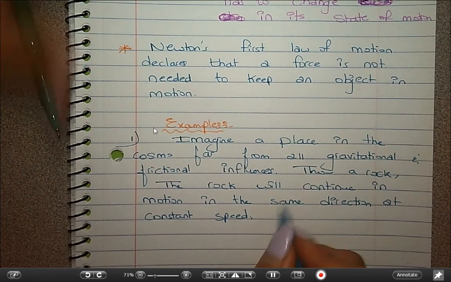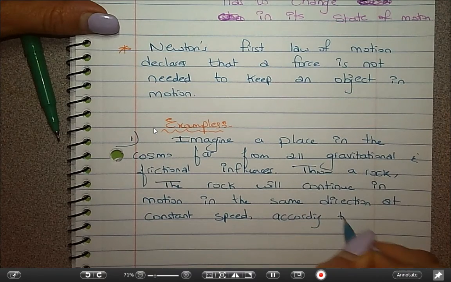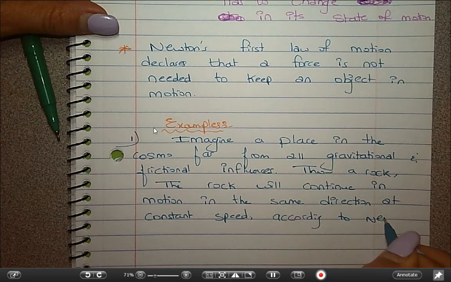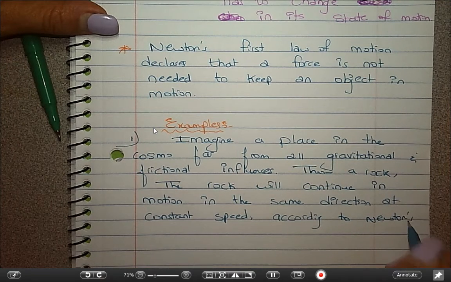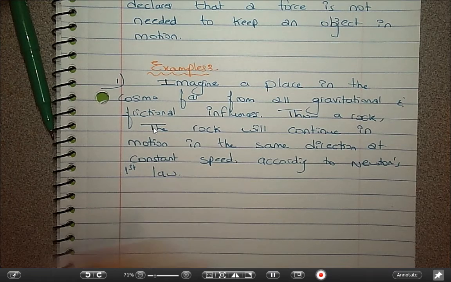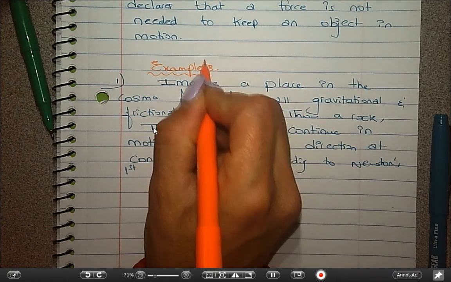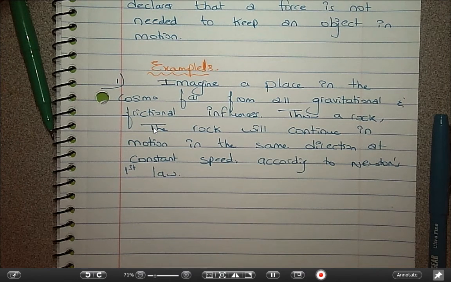So that's according to Newton's first law. Just do example 1 here. Okay, so when you throw that object and you just leave it, it will just continue to go in motion.